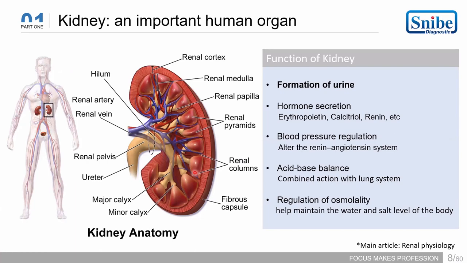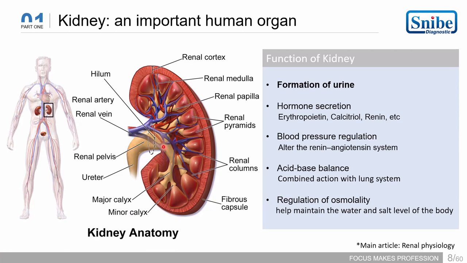Basically, the major function of the kidney is the formation of urine. There are also other parts, including the minor calyx and the major calyx, and the tubular network is connected to the ureter, and the renal pelvis is also connected with the renal vein, the renal artery and the hilum.